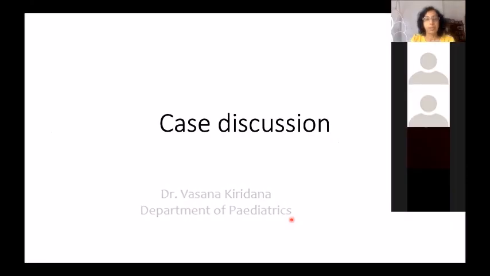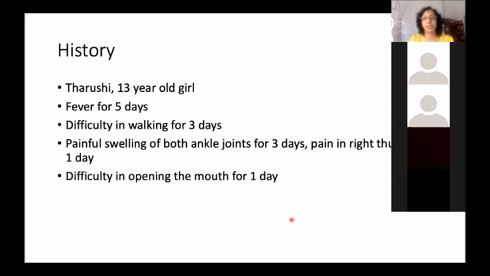Okay, right. So this is the basic details of the patient. Tarushi is a 13-year-old girl who is currently in our ward. She presented with fever of 5 days duration and difficulty in walking for 3 days.